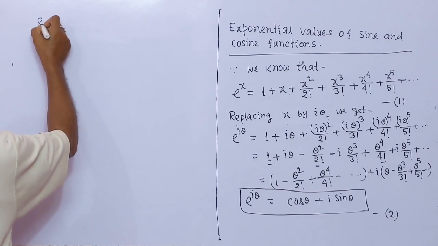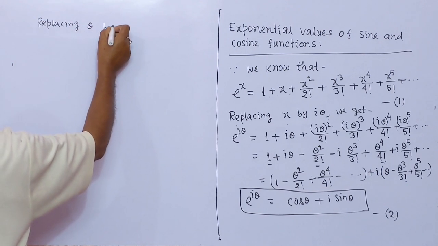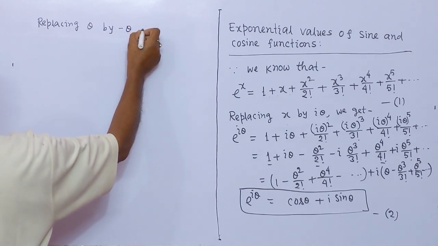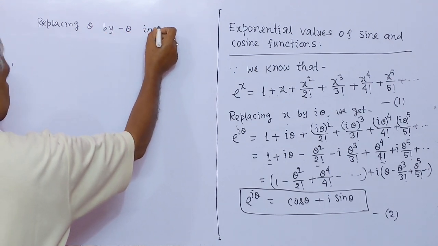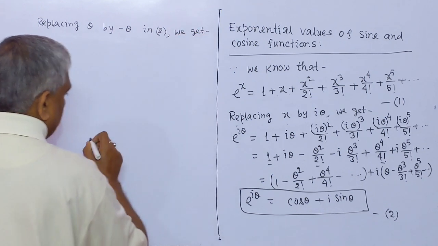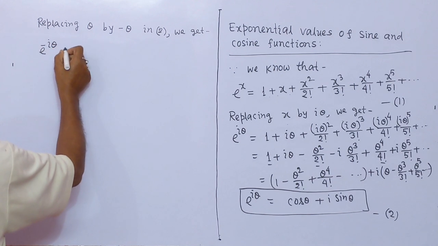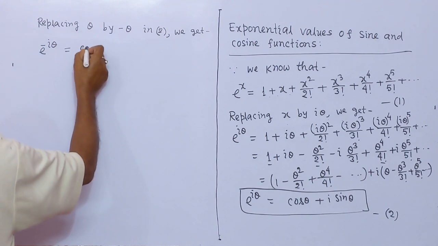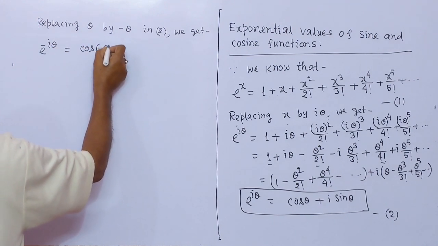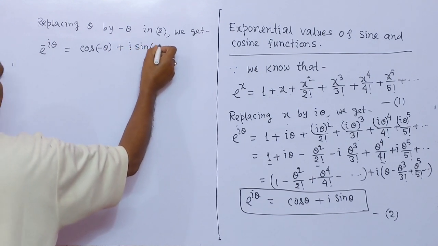Replacing theta by minus theta in 2, we get e to the power minus I theta equal to cos minus theta plus I sin minus theta.